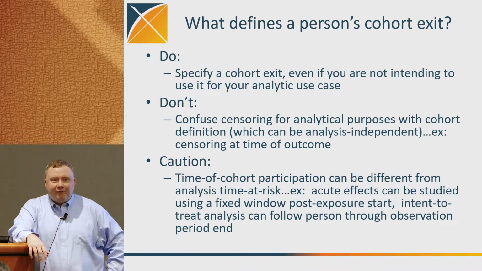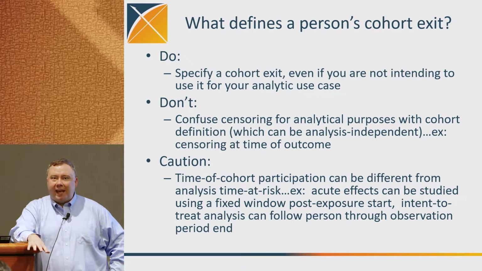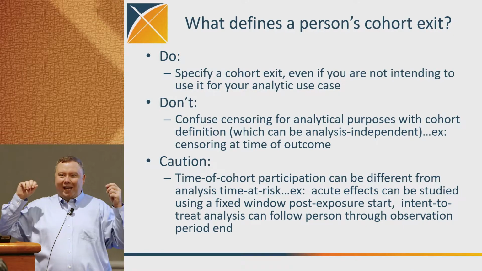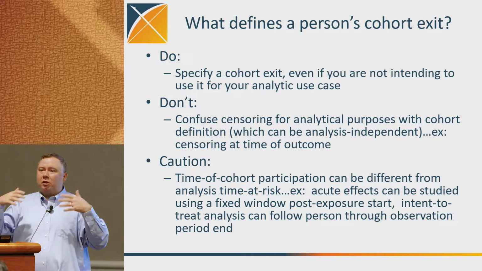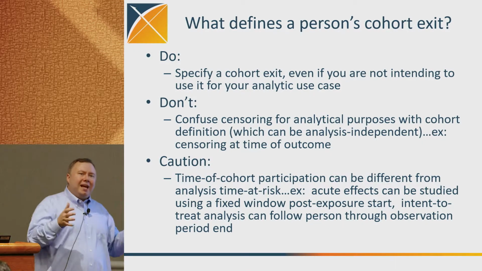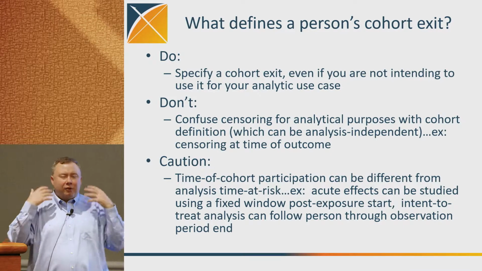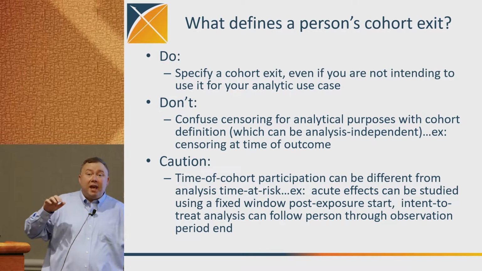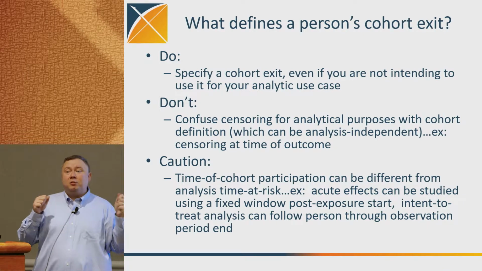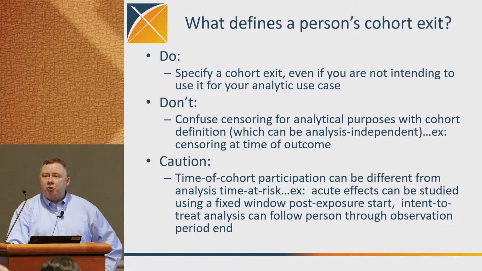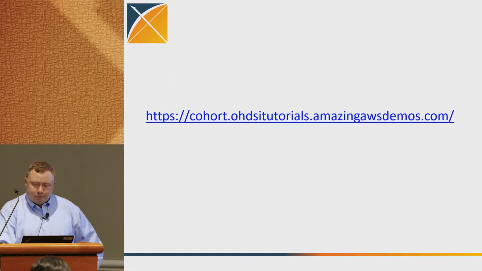The cohort definition doesn't need to handle that. Our cohorts themselves are independent items. Our analysis will handle the fact that there's going to be censoring due to the particular statistics. And so what you need to do for your cohorts is just create the people who qualify for that clinical idea that's in your head and build all those building blocks. And then you're going to be able to take those building blocks and perform all the other analysis you want. And it's the analysis job to sort out these other details.